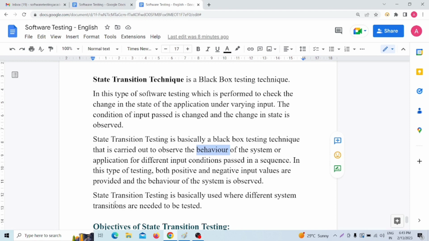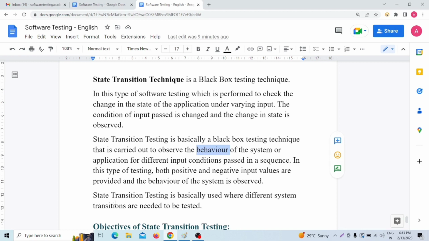State transition testing is used where the different system transitions need to be tested. So in this technique, we test the different states of our machines, the different screens of our machine, and the different transition states of our machines.